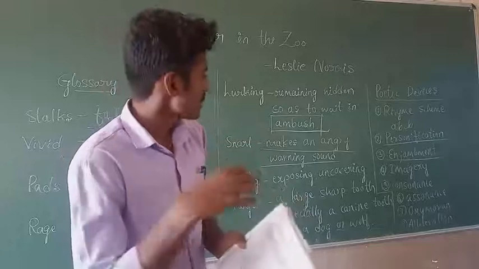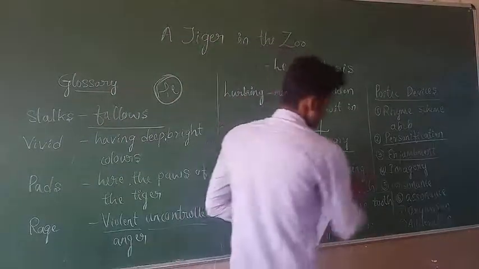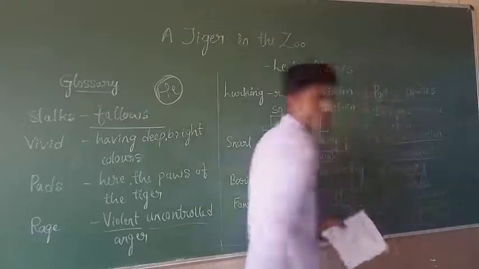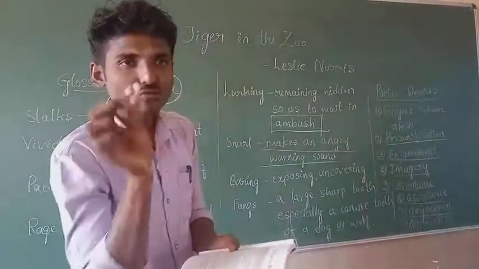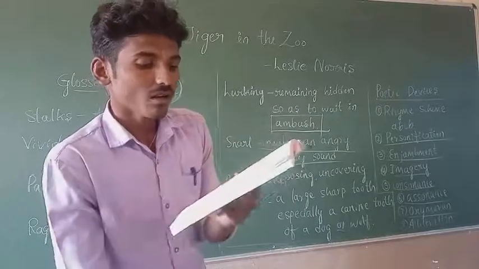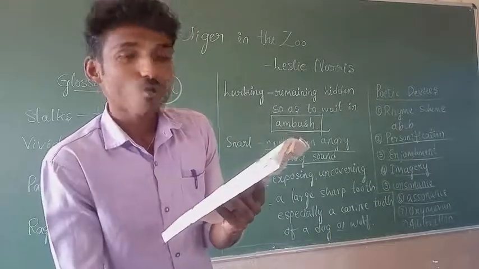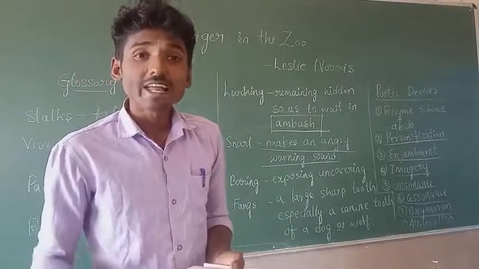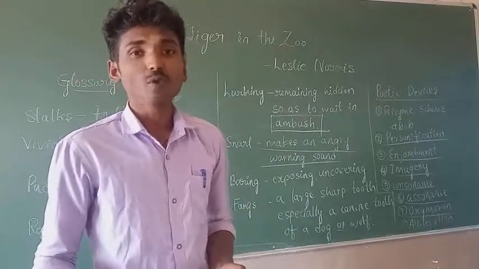So after the imagery, consonants and assonance, here oxymoron means opposite words given in the same place. For example, 'quiet rage'. Quiet means absolute silence. Rage means absolute violence.